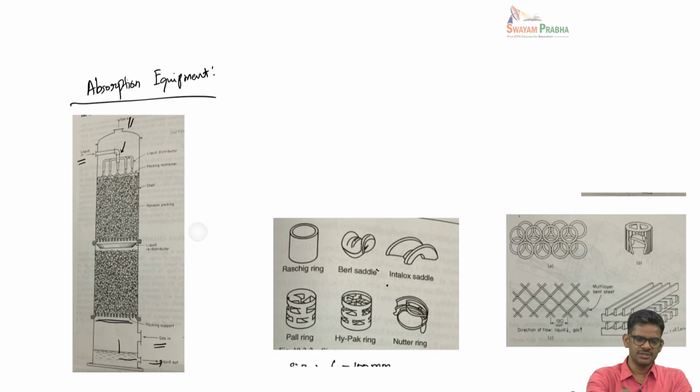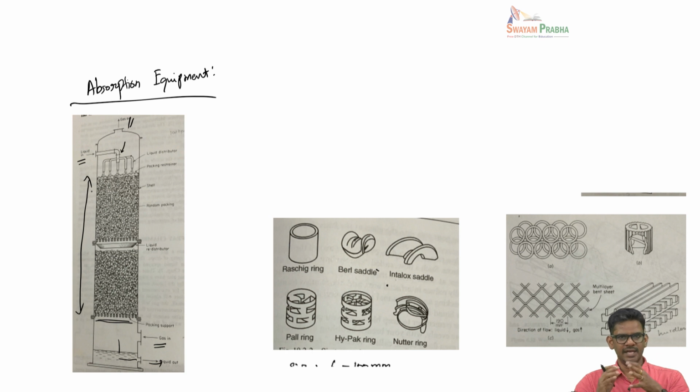This is the liquid distributor, you can see small nozzles over there, and this entire bed is a bed of packing, and this packing is used because we have to have good contact between the incoming gas as well as the liquid.